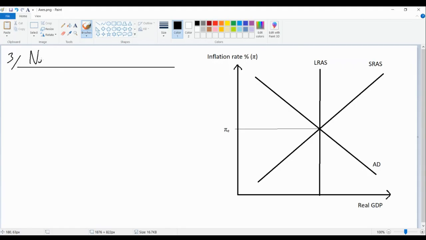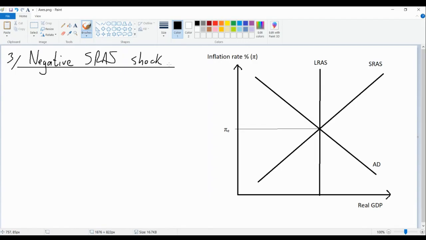And what we're going to look at now is what happens in the case of a negative short-run aggregate supply shock. Right? We talked about demand shocks. Now let's talk about supply shocks. And we'll focus on negative shocks because it's hard to really see how a positive supply shock could be.